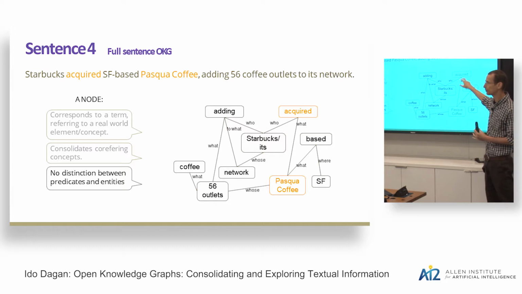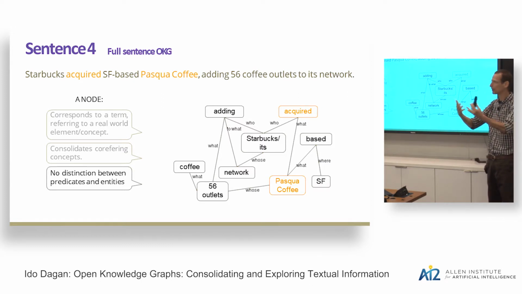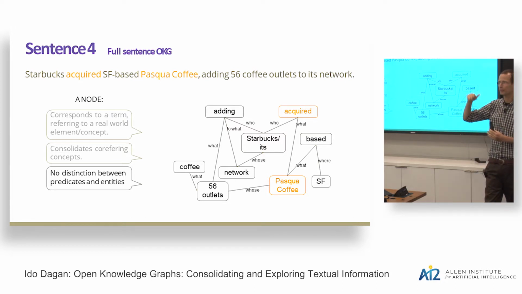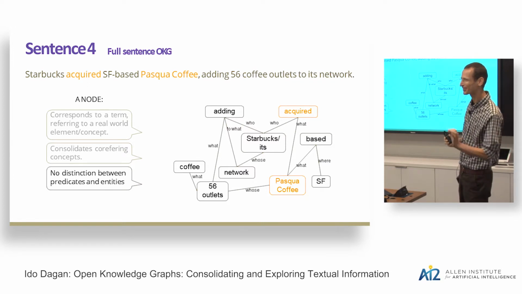And the nice property we found is that when our annotators disagreed about whether something is an entity or a predicate, regardless of the decision in this reduced formalism, you ended up having the same structure. So avoiding the distinction in the final structure helps circumvent disagreements. I said a controversial statement.